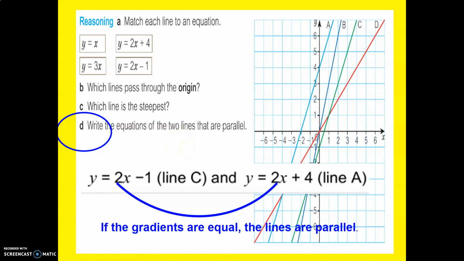But if there are no graphs, simply look at the coefficient of x of line C and the coefficient of x of line A. As you can see, this is 2 and that is 2. If the gradients are equal, if the coefficients of x are equal, then the lines are parallel. Remember that?